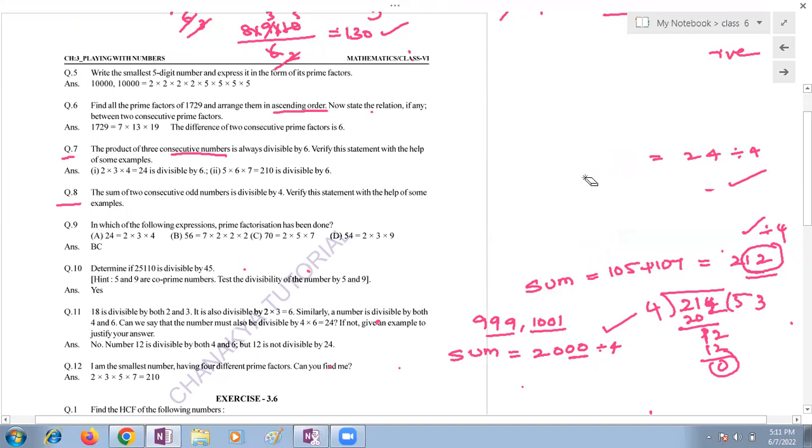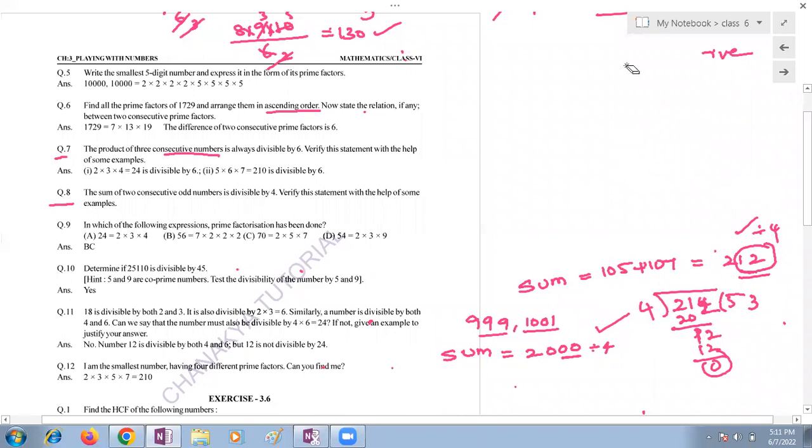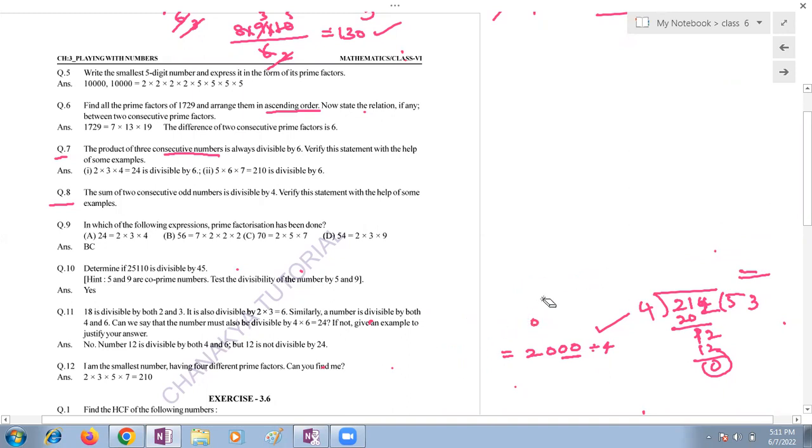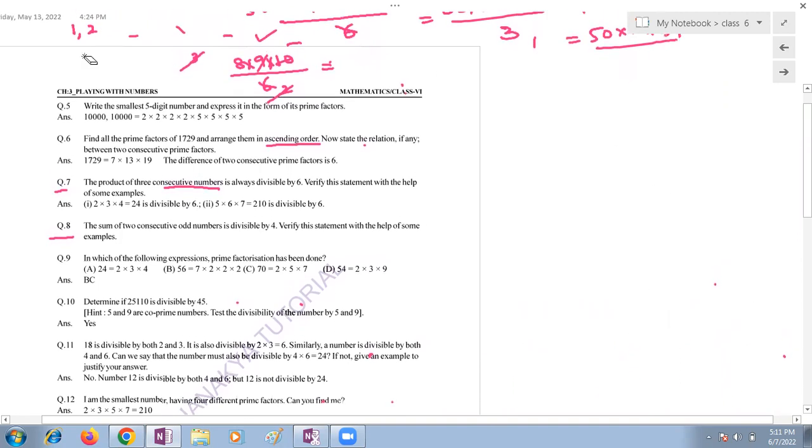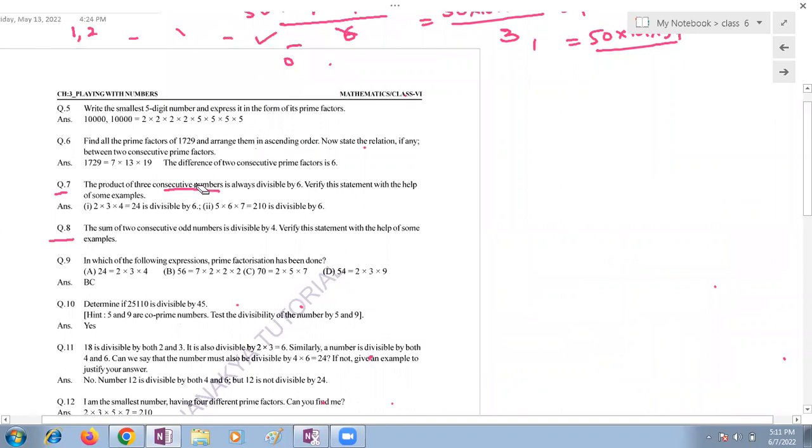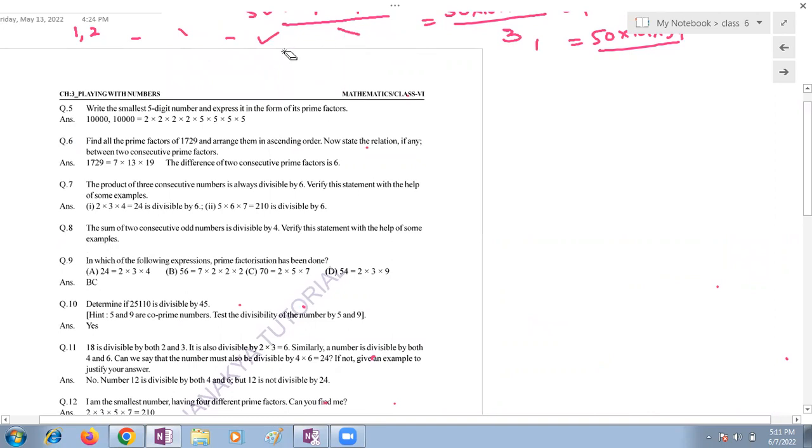Questions of this type may come in your examination too, because sometimes they ask questions like the rule of 12. What is the divisibility rule of 12, children? The number should be divisible by 3 and 4. Very good. Why 3 and 4?